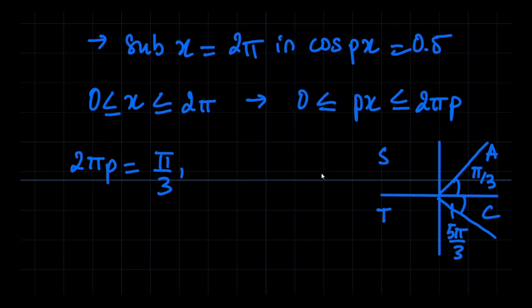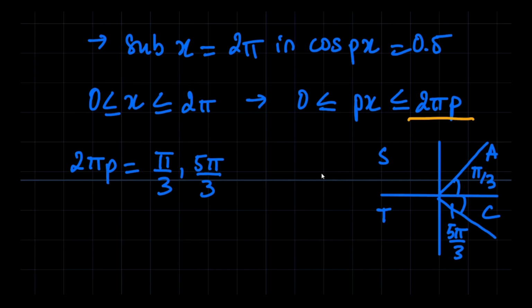So far, within 0 to 2 pi, we have two answers for 2 pi p. But if you notice, the domain here is between 0 and 2 pi p. 2 pi p is an undefined value, which means technically there is an unlimited number of answers for the value of p in this case. However, remember that the value of p must stretch or compress cos px enough that it crosses y equals 0.5 exactly 2 times.